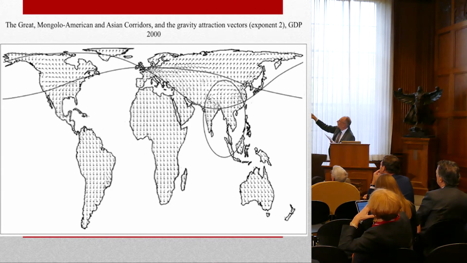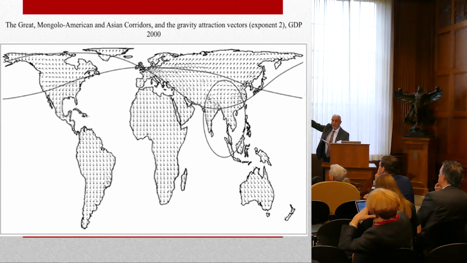Suddenly it goes towards the American corridor, whereas inside it goes towards Shanghai. There is a kind of a vortex inside of this. I could not believe it. Why? Because half of the Asian corridor is in the sea, and there's nothing that attracts in the sea. I could not believe this.